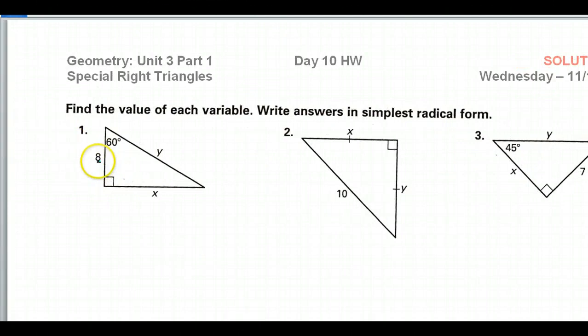So in problem number 1, this is the short leg. So that means this side is going to be short times radical 3, and this will be 2 short.